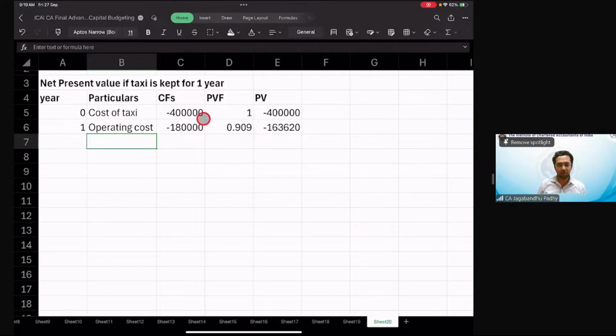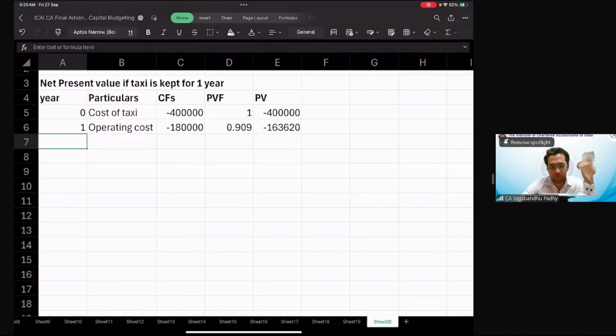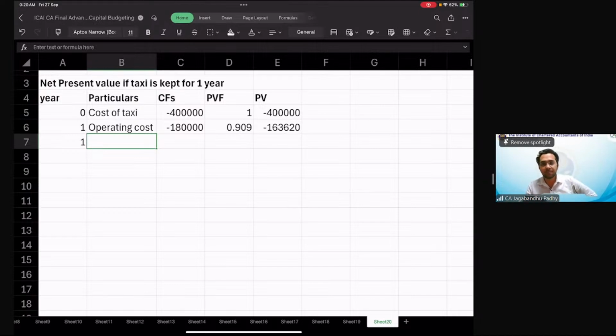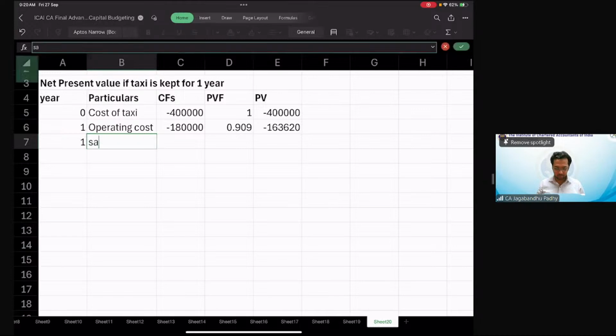Then, since we are going to sell the taxi after a year, will I have a second year operating expense for the taxi? No, because I am selling it. So in the first year, will there be any other cash flow? Yes. Resale value, right?